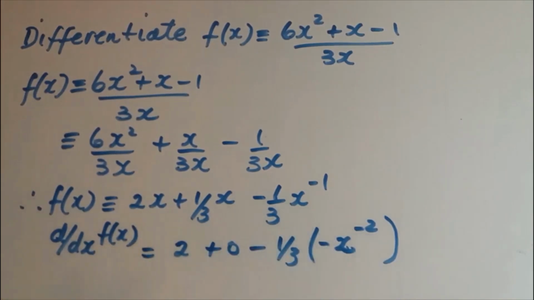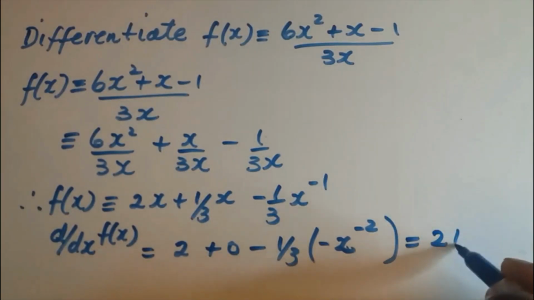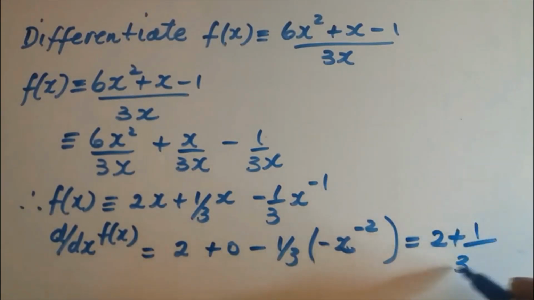Let's rewrite that so it's visible. 2 add 1 over 3x squared.